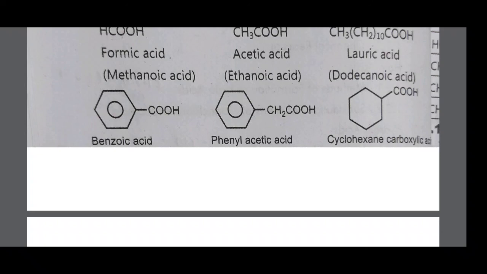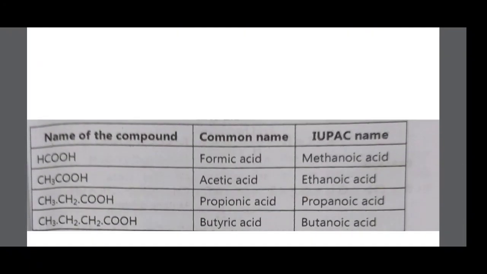When it contains a double bond, then it is called an unsaturated acid. Here I am showing examples of mono, di, tri carboxylic acids. After classification, we move on to the nomenclature of carboxylic acids.